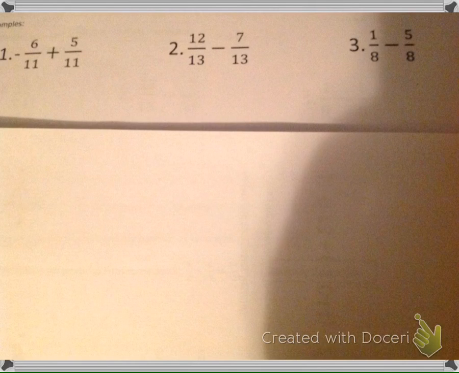However, because this is a negative 6/11, you could think of that as negative 6 plus 5. So now you have to remember your integer rules. Same signs add, different signs subtract, take sign of larger number.